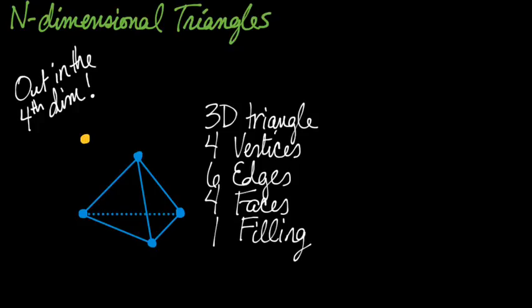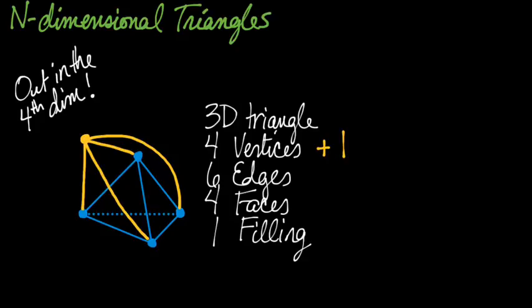We follow the rule, and that dot is supposed to be connected to all of the existing vertices with brand new edges. So I decided to make one of these edges curvy just to make the picture pretty, but this vertex connects to the 4 existing vertices with 4 new edges. So that's how I have these 2 formulas. I know there's 4 plus 1 vertices in a 4D triangle, and there's going to be 6 plus 4 edges.